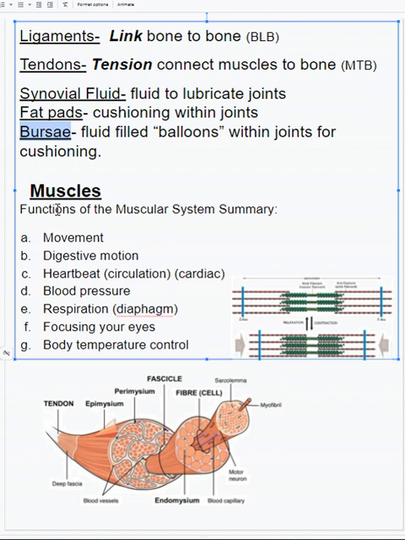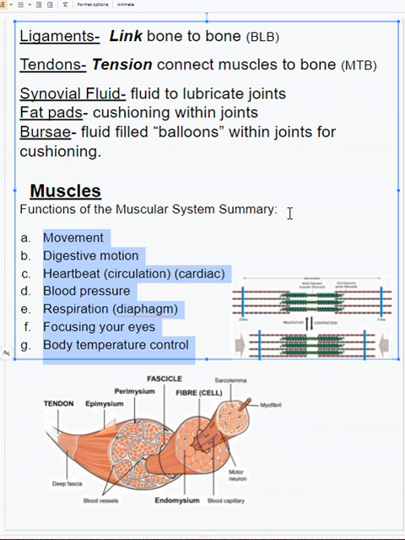So let's talk about the muscles. The muscular system has several important roles. It includes movement. It includes digestive motion, so the ability to move food through your digestive tract, churn it up, and eliminate wastes. That's all with muscles.